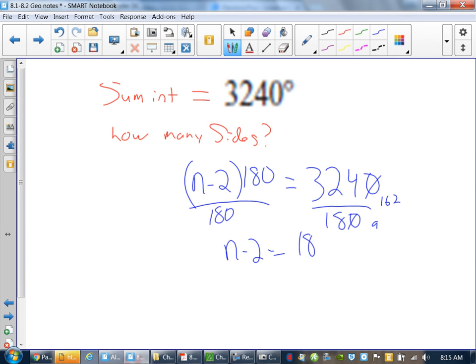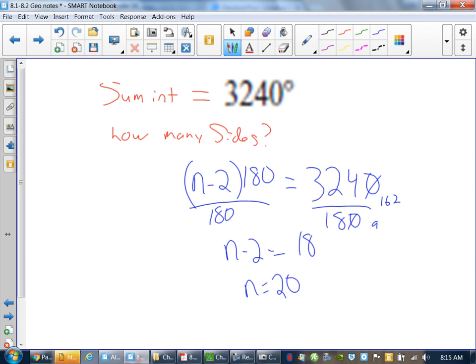Now what do you do? Add 2 to both sides. It's a 20-gon. So yes, sometimes you work backwards. And this is where it twists the geometry part back to algebra.